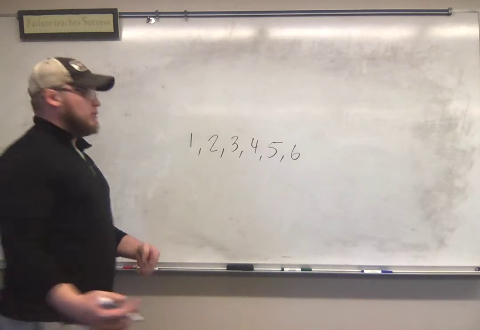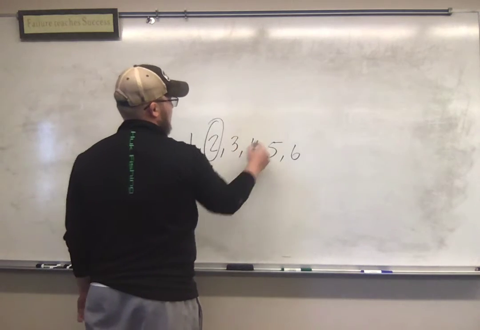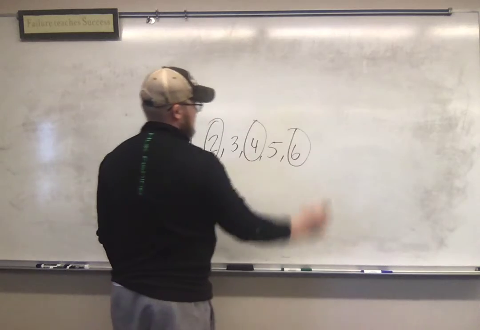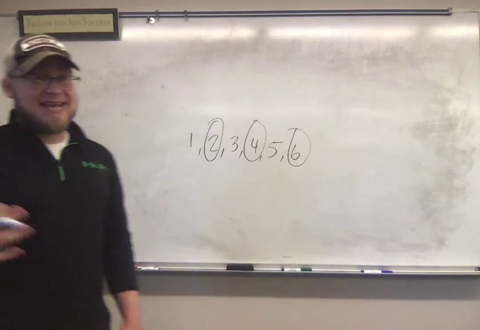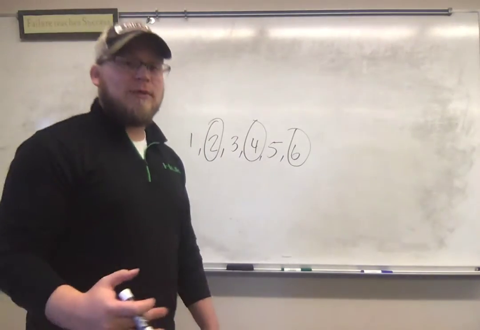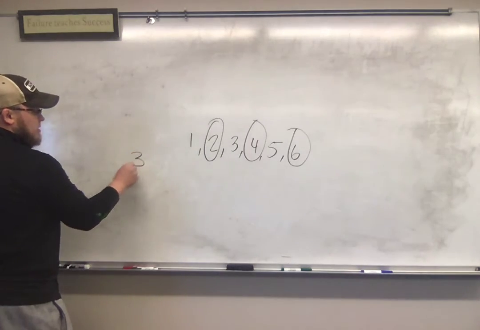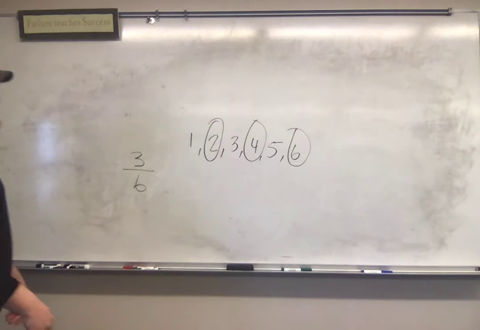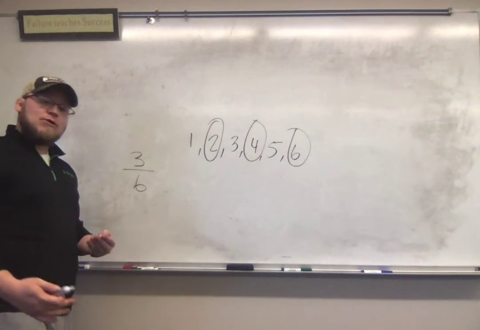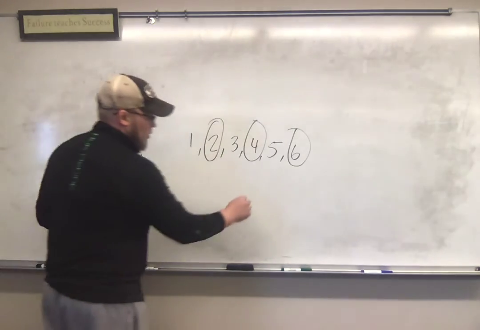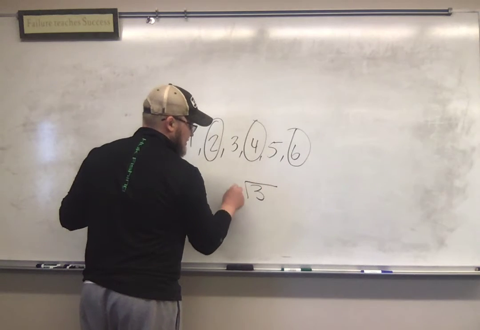Well, how many even numbers are there? There is 2, 4, and 6. So it looks like there's 3 even numbers out of how many total? Well, 6. So your fraction would be 3 over 6. Again, how do you get that to a decimal? You just divide what it says. So we're going to do 3 divided by 6.